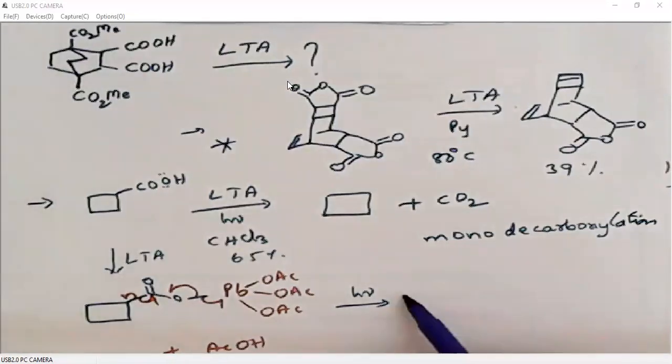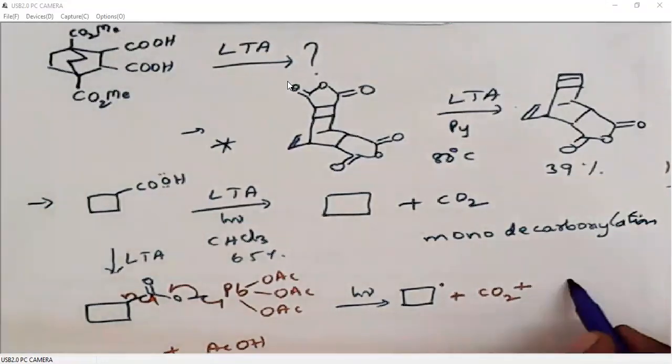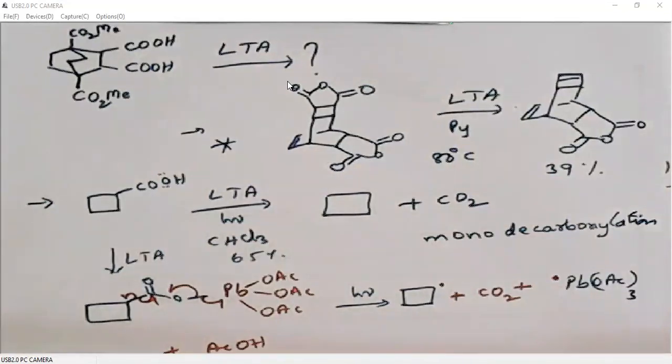So what we will get? We will get an alkyl radical plus carbon dioxide plus lead triacetate radical. Then this alkyl radical will pick up a proton from the solvent or some other proton source.